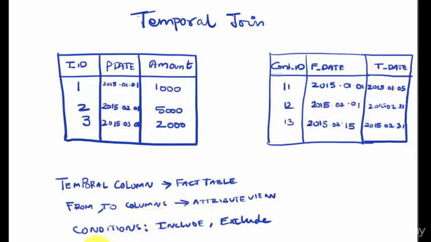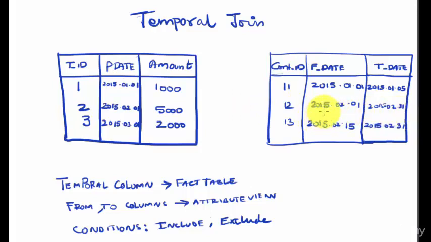And then you need to include the condition. So for example, let's say that you join the temporal column and you give the from and to columns. When it makes a join, it's going to check, okay, the purchase date February 1st of 2015, is it inside of February 1st and February 31st?